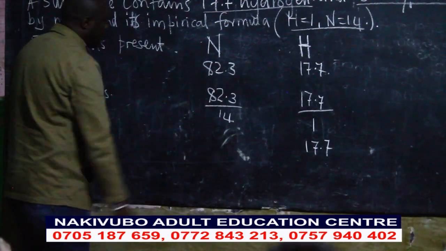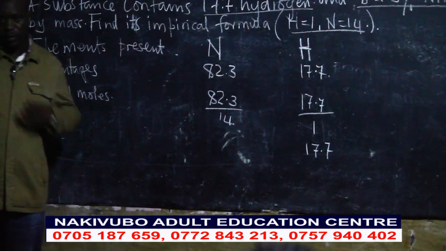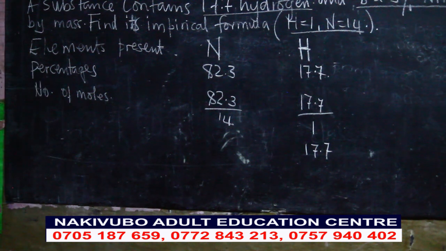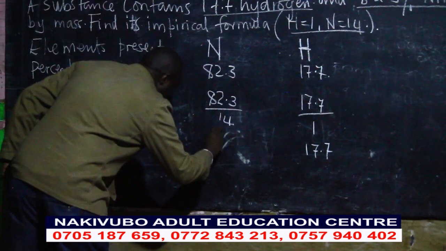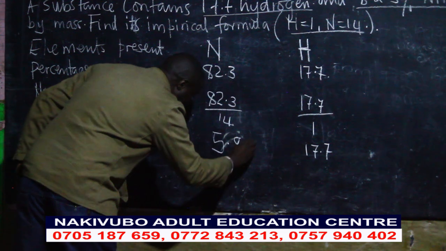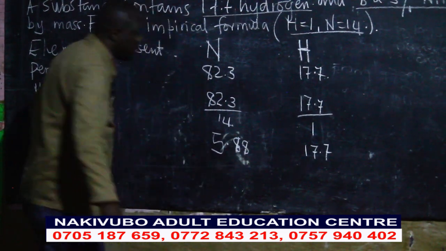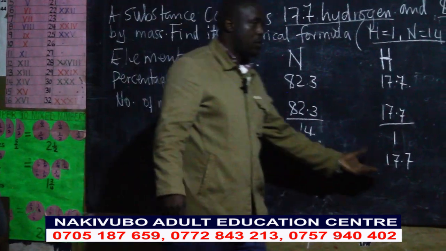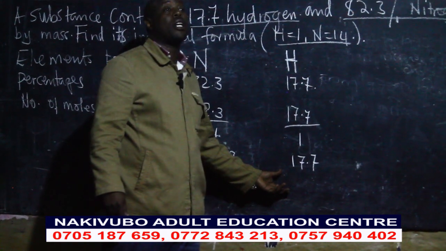What about this one? Get your calculators out. 5.878, 5.88. Are we together? These are the moles. After getting the moles, we get the mole ratio.